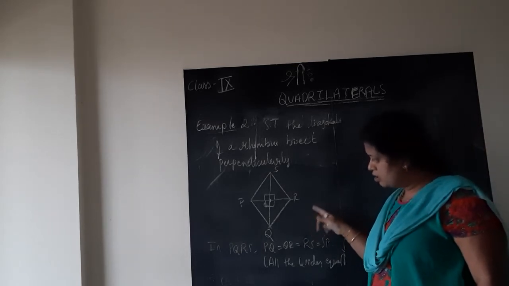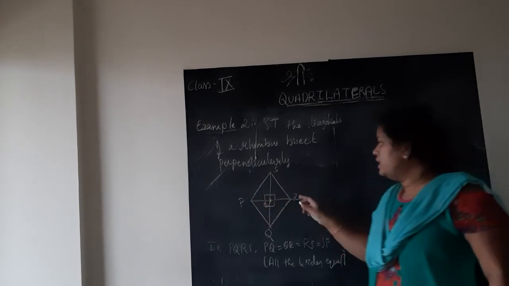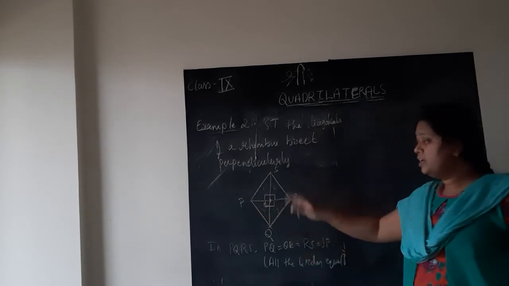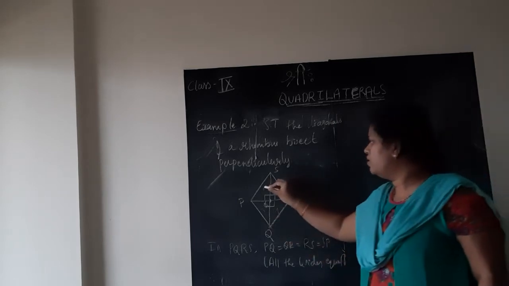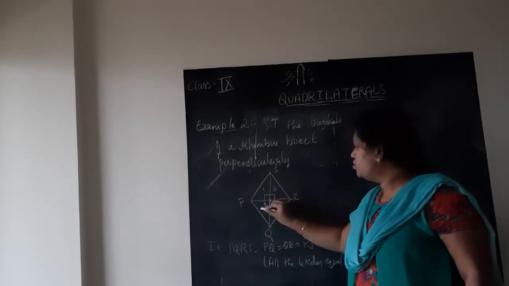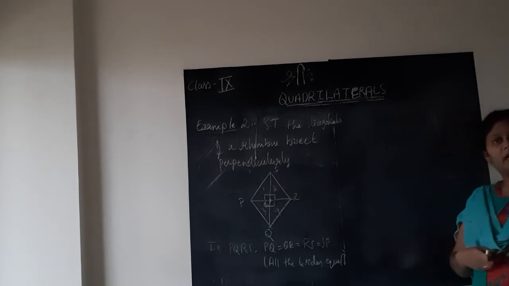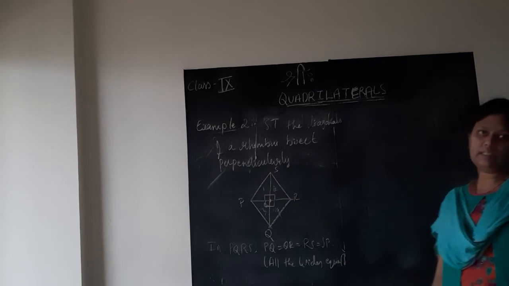Similarly, here in the rhombus, when I draw the two diagonals, I am getting four triangles, isn't it? I have labeled triangles 1, 2, 3 and 4, the four triangles which we obtained by drawing the two diagonals to the rhombus PQRS.